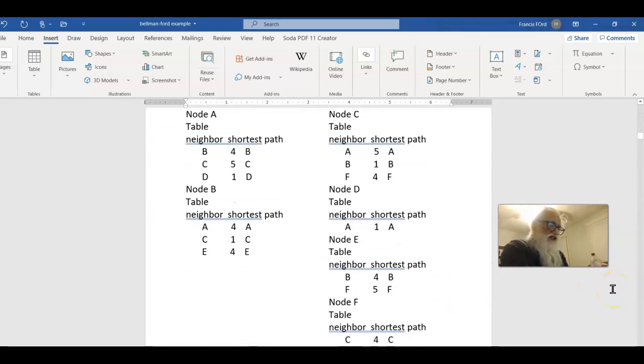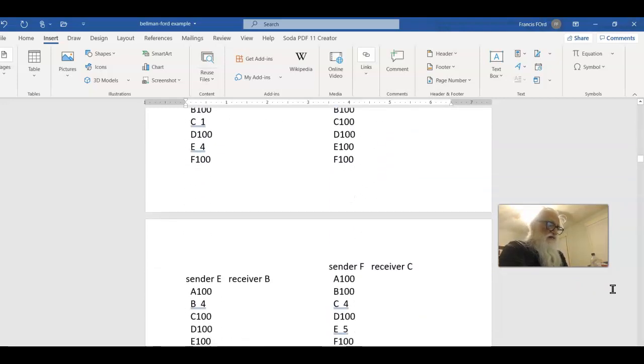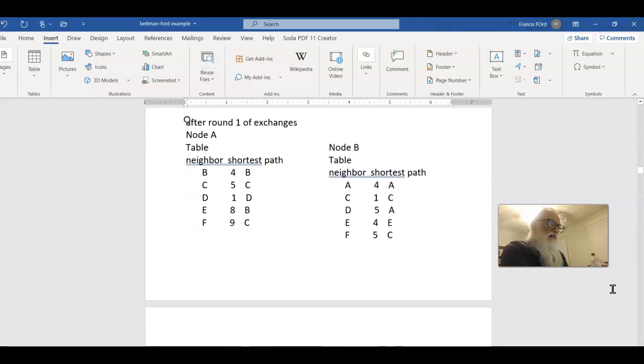It should change. So let's look at the table now at A. A is now, I can get to E for 8 and I go through B. I can get to F for 9 and I go through C. If you look at the links, they add up properly.